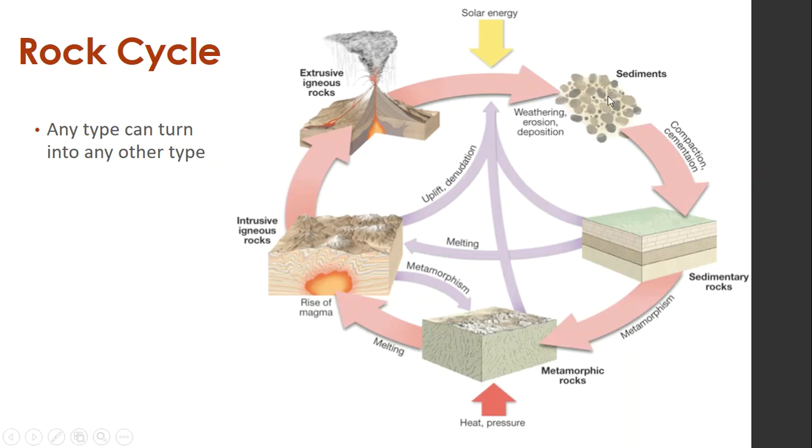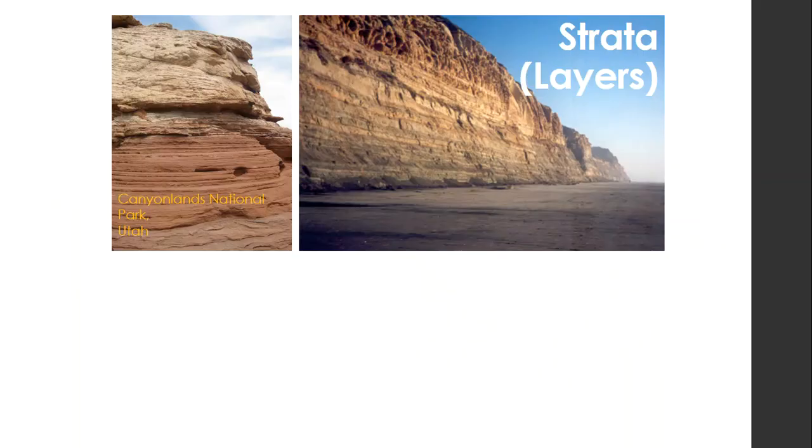So here we have sediments that are compacted, turn into sedimentary rock, that then get pushed underneath and, from heat and pressure, become metamorphic rock, and then get melted and then come out and turn into volcanic rock. So again, over and over, they could become any other type of rock, in a very, very slow process.